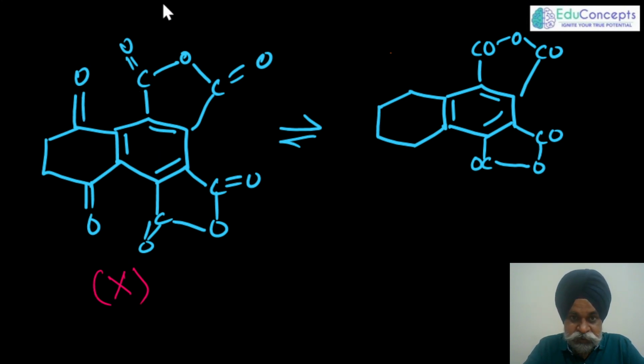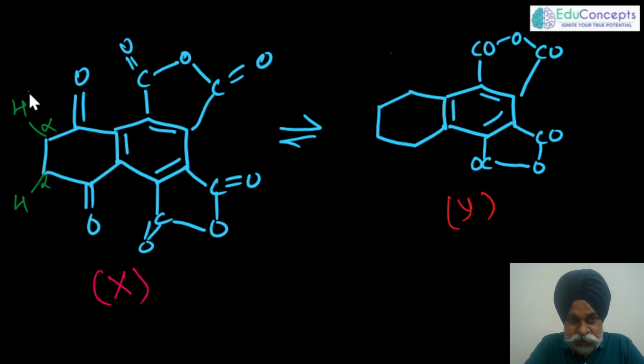Now if I would do one more thing, because they are saying that it is going to the Y. And what is Y? I would make a tautomeric form of it, because this is an alpha carbon which can undergo tautomerism. This also is an alpha one.